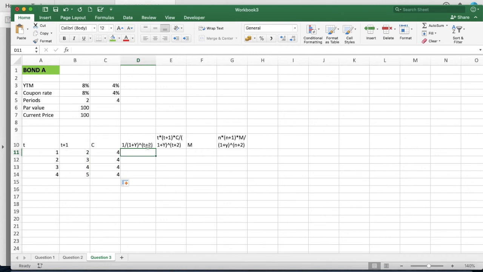Now you have to pay attention, it's power t plus 2, right? So equal to 1 divided by 1 plus the yield to maturity power t plus 2. Now since the yield to maturity is constant, we should add the dollar sign.